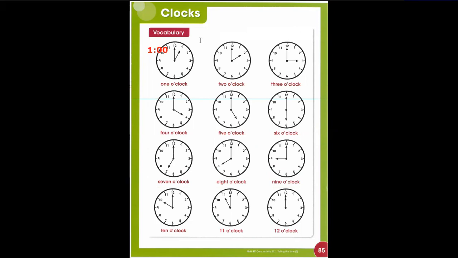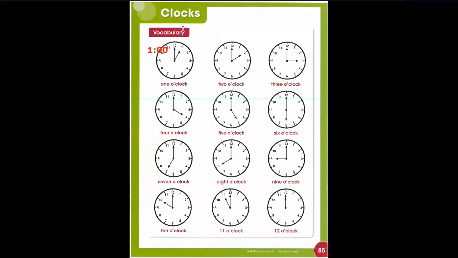Whenever the handle is on 12, it means 00. So it is 1 o'clock. Minutes are 0, so we are going to say it is 1 o'clock.